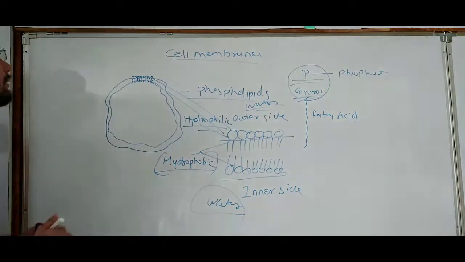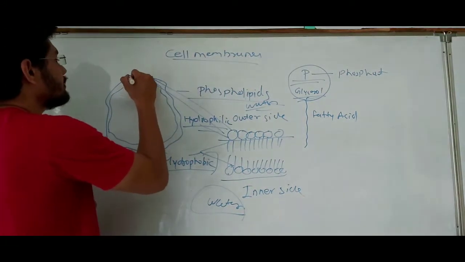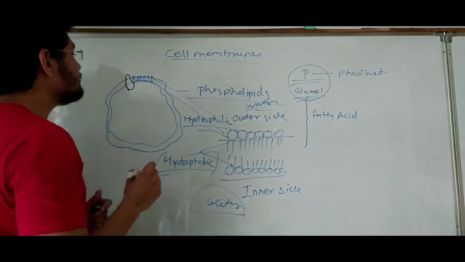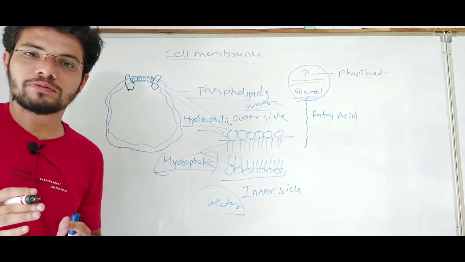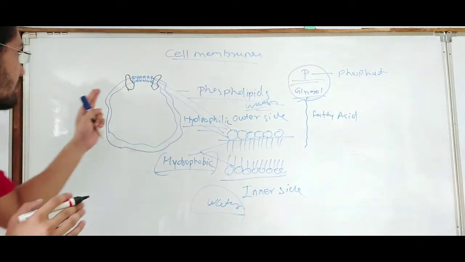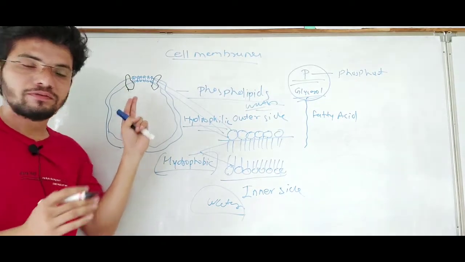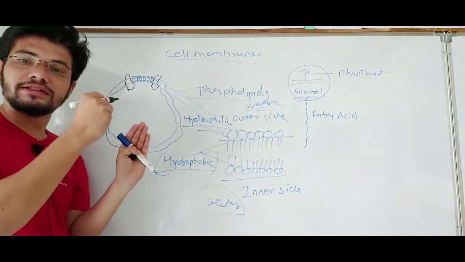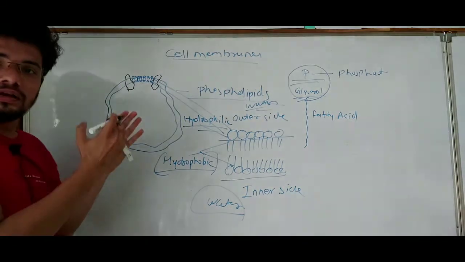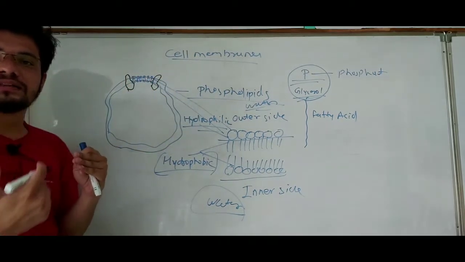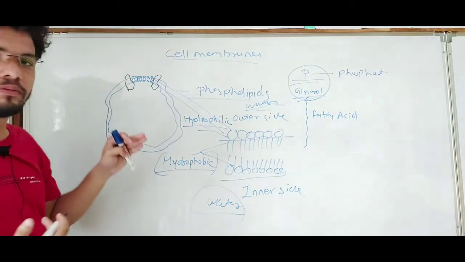Cell transport can be done with the help of proteins like membrane proteins. These proteins are arranged in the plasma membrane and are known as integral proteins because they are buried in the cell membrane. With their help, some molecules can enter the cell through the plasma membrane.